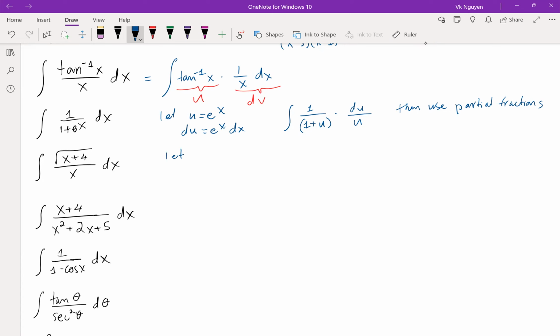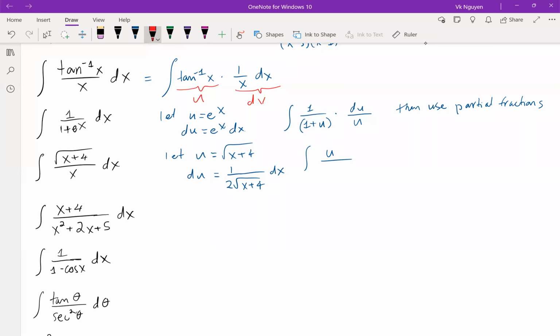We can let u equal root x plus 4. And you see that du is 1 over 2 root x plus 4 dx. So the integral here will become the integral of u over... You can work out the square root here.